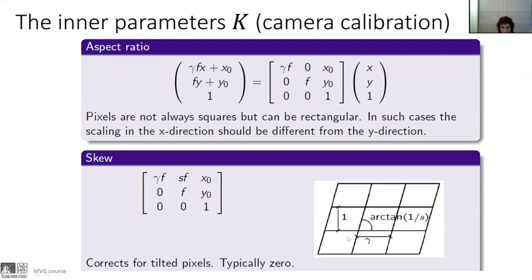In addition, it sometimes happens that the pixels are not just rectangular, but maybe tilted like this. If they are rectangular, then s is equal to 0, because I have an angle of 90 degrees, and then this is omitted. But if they are tilted, I introduce the arctangent of 1 over s, and I put the s here to compensate for the angle. I think this is rarely used, that's what I know.